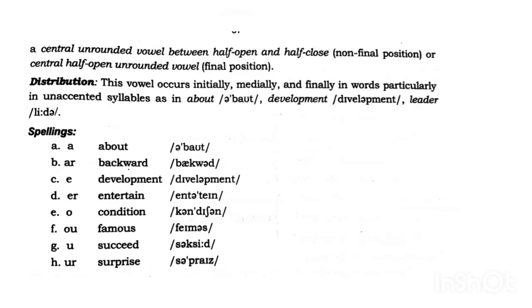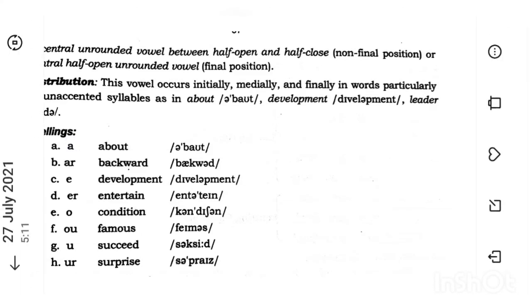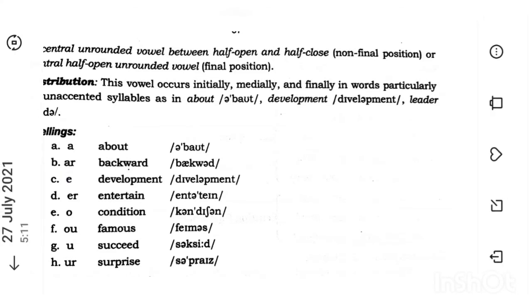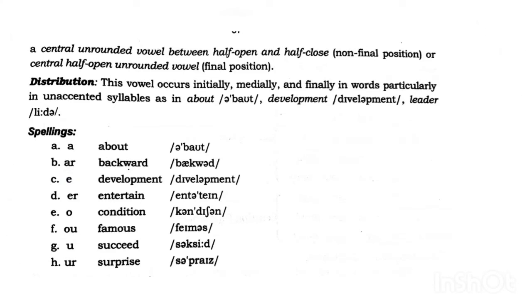When we observe the spellings: in about, a gives out the vowel sound ə. In the word backward, a and r, the two letters give out the vowel sound ə, and r is silent. In the word development, the vowel occurs here and o stands for the vowel sound ə; the e is wrongly given.